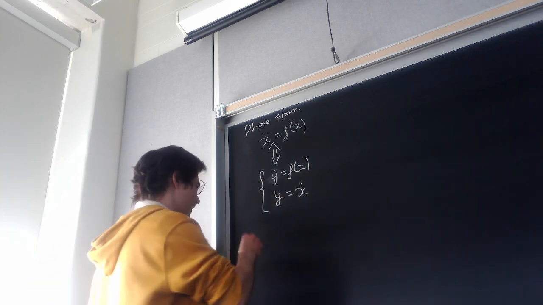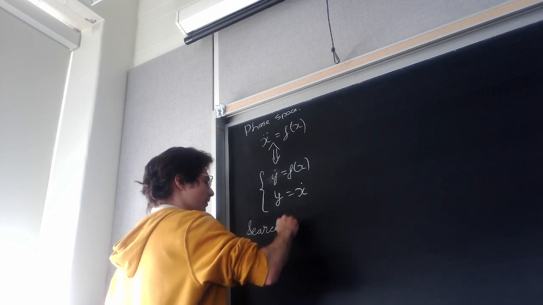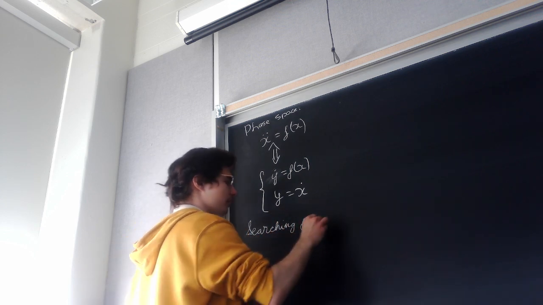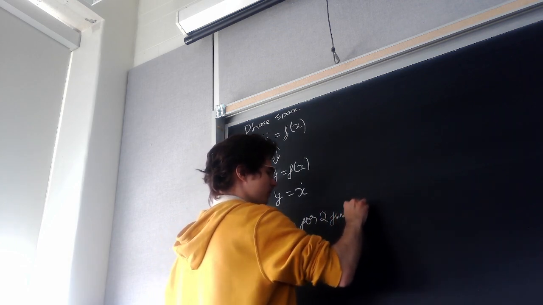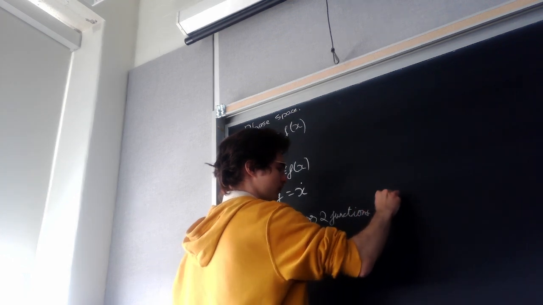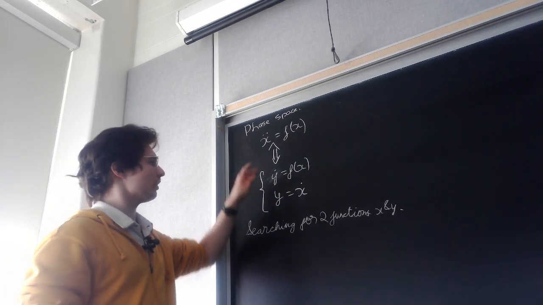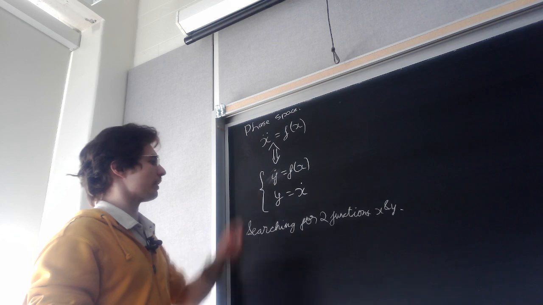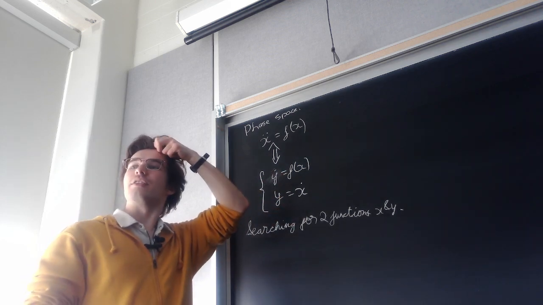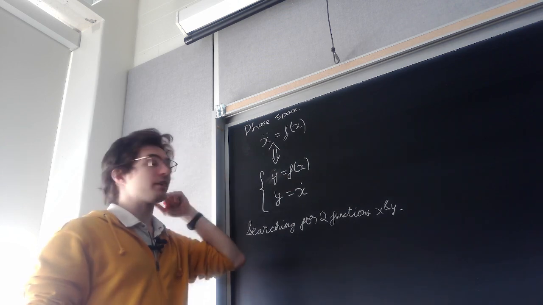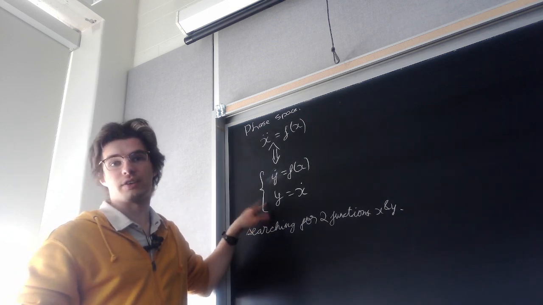So I'm now searching for two functions x and y that satisfy this system of equations, and as you can see, this should be completely equivalent to this, right? Because if y is equal to x dot, then x double dot is equal to f of x, right? If there exists a function that satisfies this, then of course there exists a function that satisfies this, and vice versa.